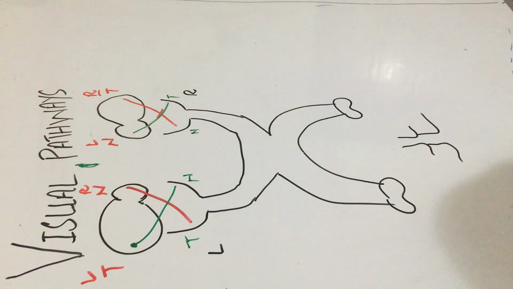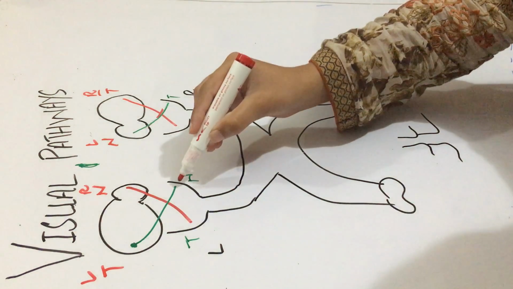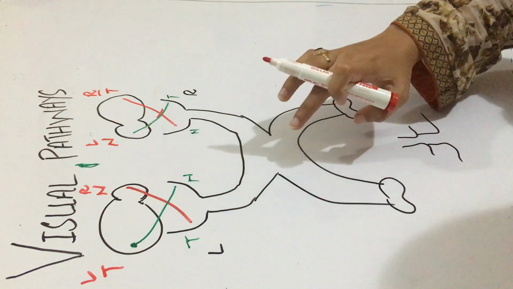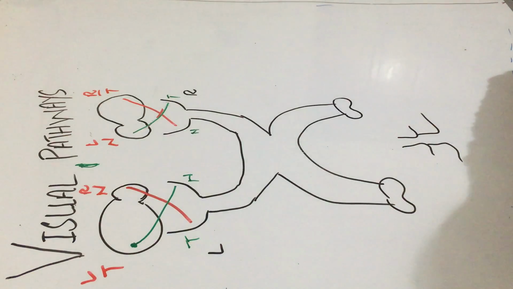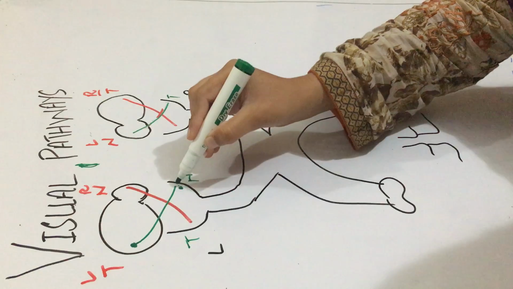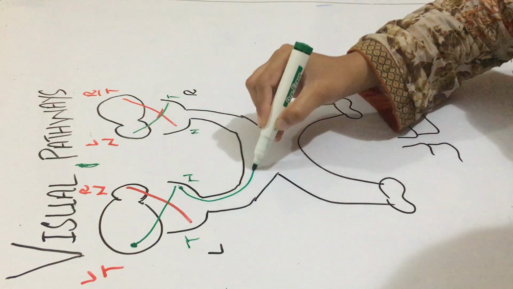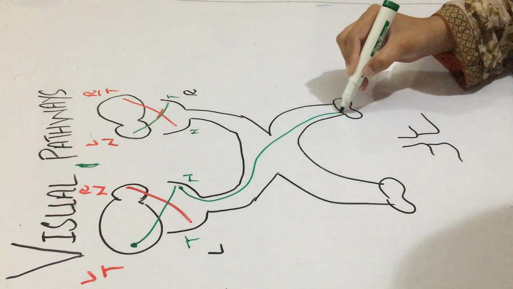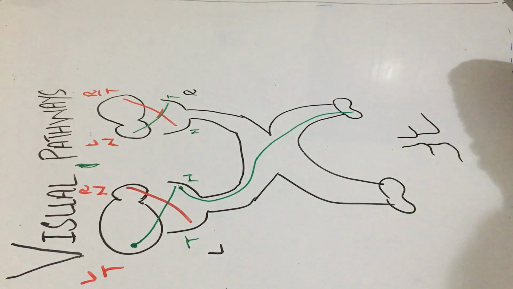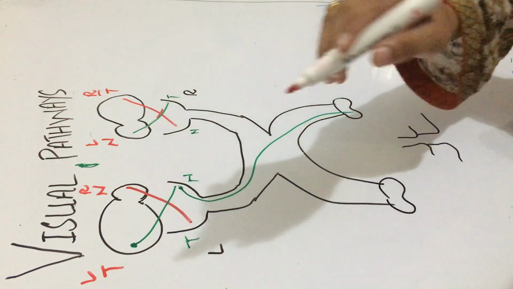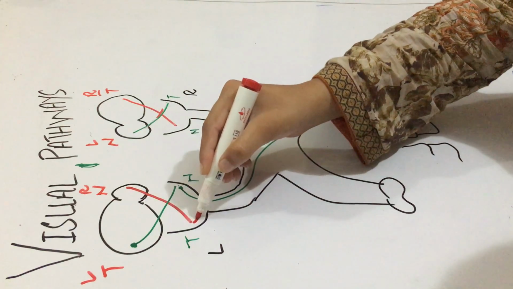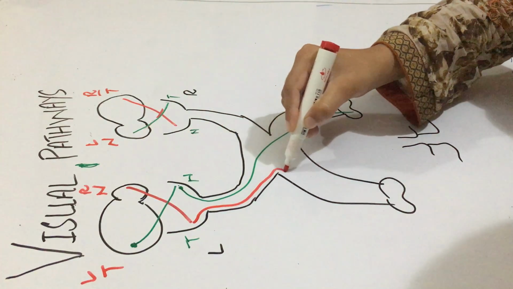Now next are the fibers. The nasal fibers will cross, while the fibers coming from the temporal side of the eye will not cross. Here, the fibers of the nasal side of the eye will cross to the opposite side. They will go to the opposite side occipital cortex, while the fibers coming from the temporal side of the eye, or temporal half of the retina, will not cross.